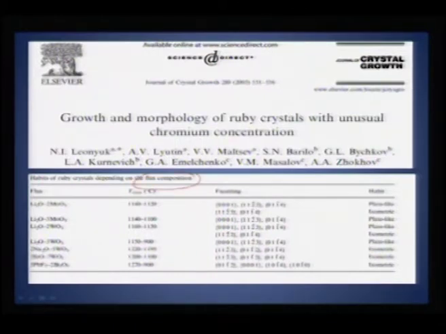Okay, and in this cartoon you can see there are several flux that are mentioned, and this is one of the very distinguished chemical technique by which we can prepare single crystal rubies. You can see here lithium oxide molybdenum oxide mixture in 1:2 mole ratio.